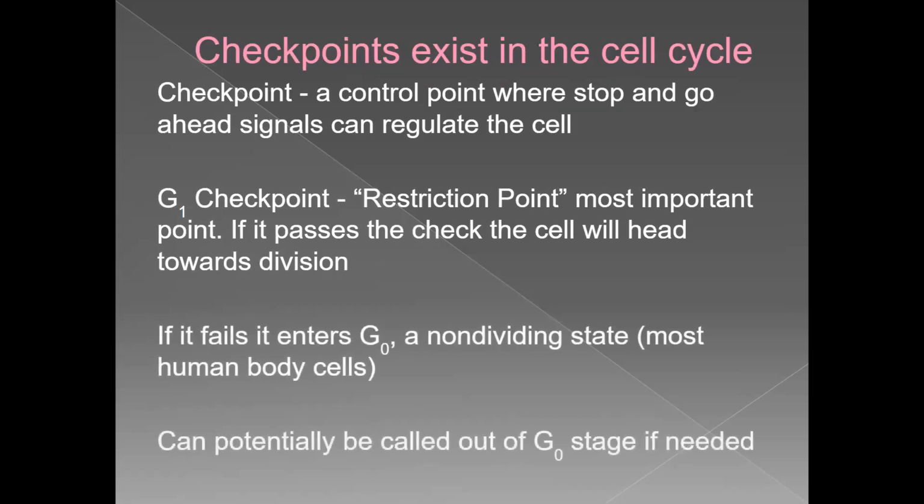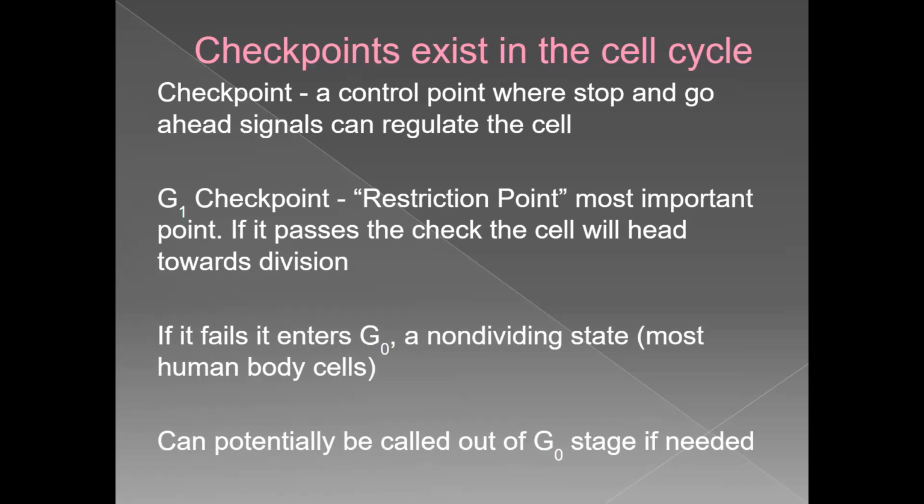In these stages, there are some really strict checkpoints. Your body regulates itself very well. We don't want any errors in any copying. A checkpoint is a control point where either stop or go-ahead signals can regulate cell reproduction.